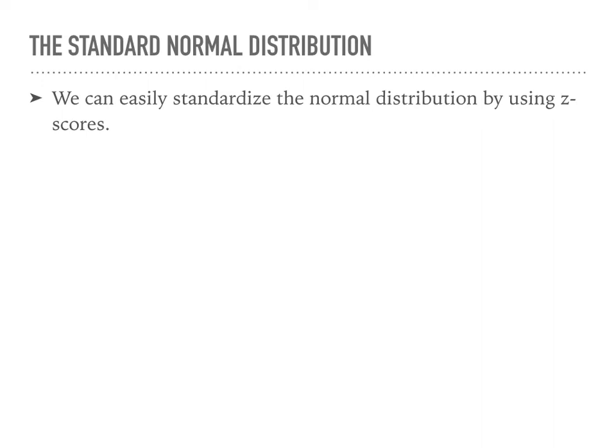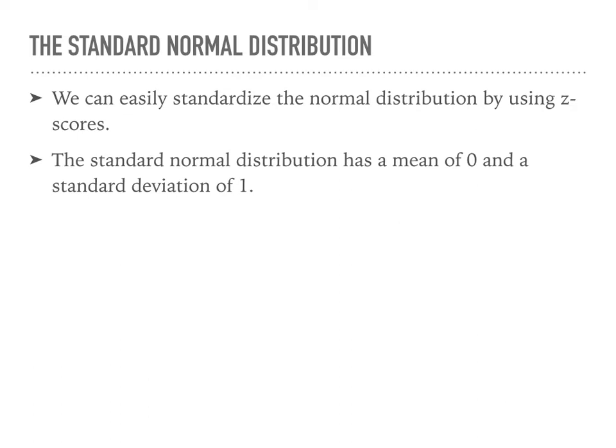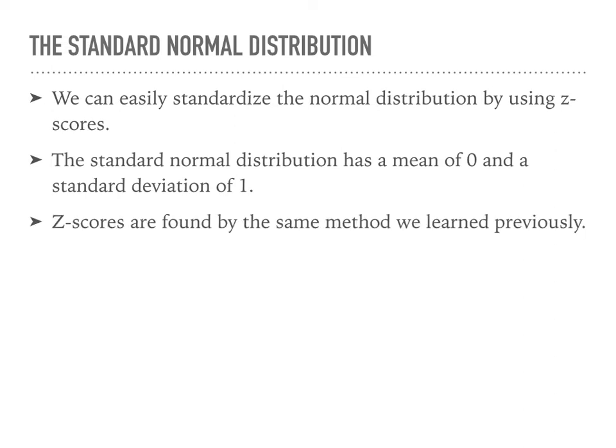We can easily standardize the normal distribution by using z-scores. The standard normal distribution has a mean of 0 and a standard deviation of 1. Z-scores are found by the same method we have learned previously, so z equals x minus mu divided by sigma.